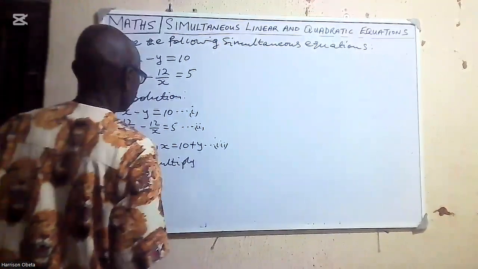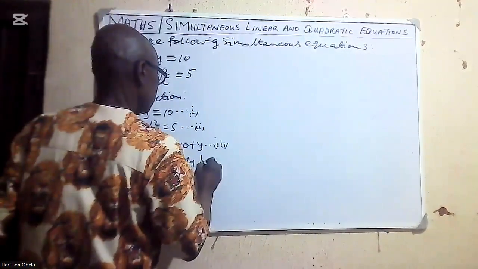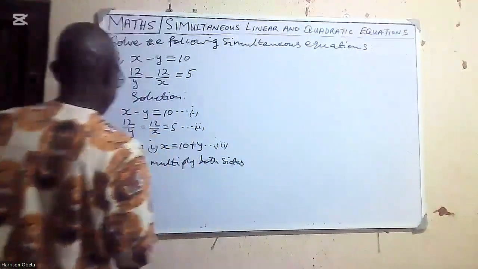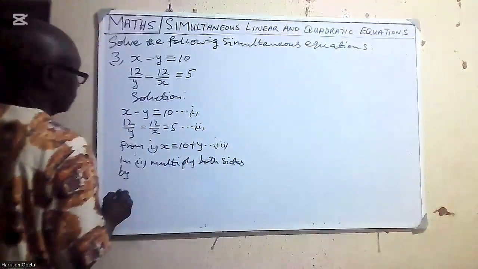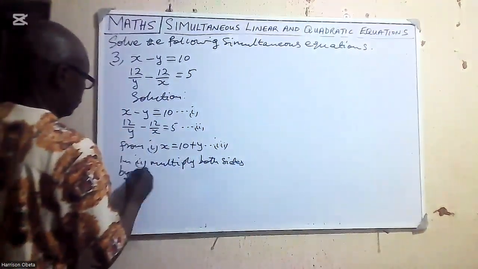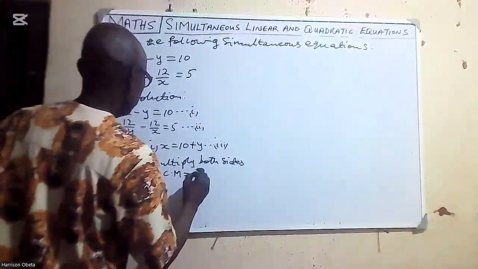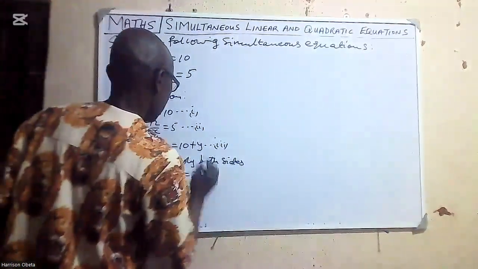multiply both sides by the LCM, which is what? xy.